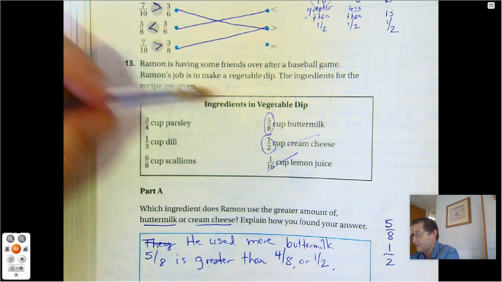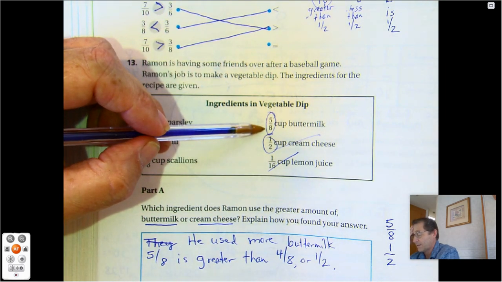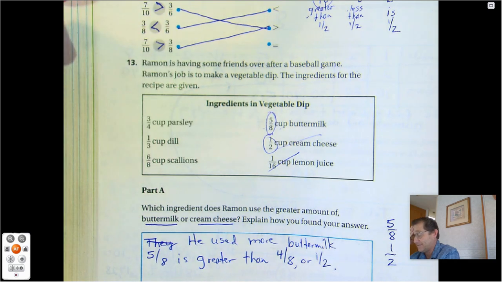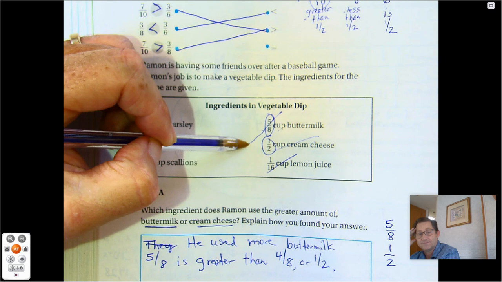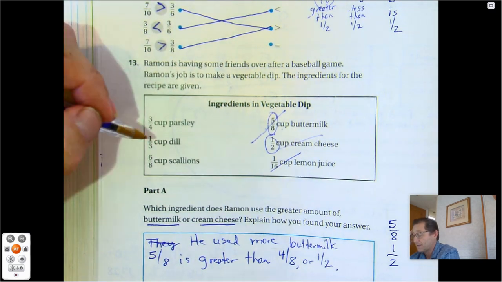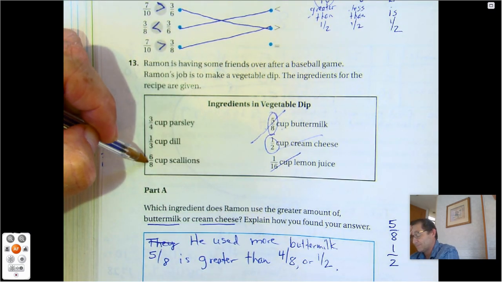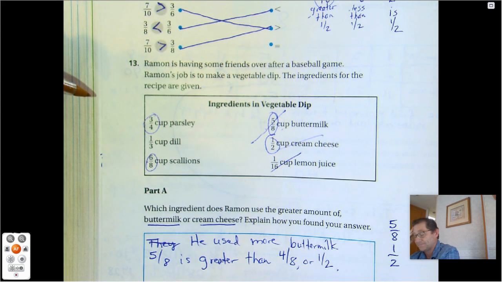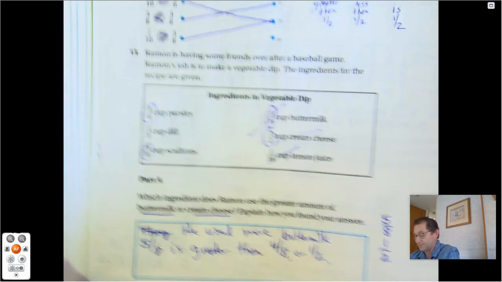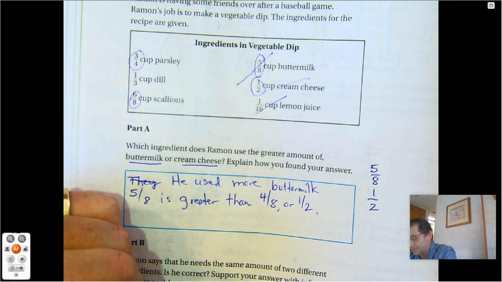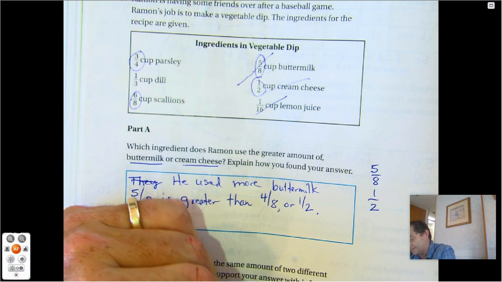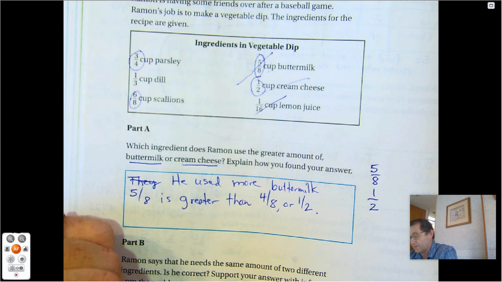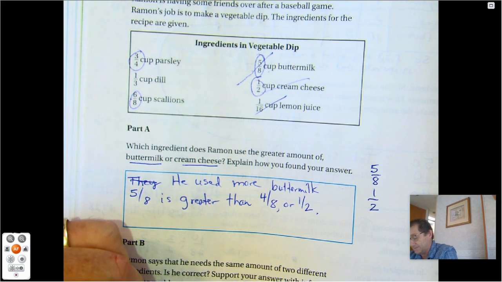5/8. If I double that, that would be 10/16. And I can't make it any smaller because 5 is prime. 6/8. Look at those two right there. Okay, so the ingredients are scallions and parsley. 6/8 equals 3/4.